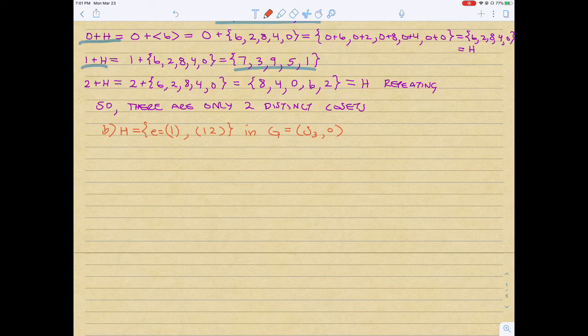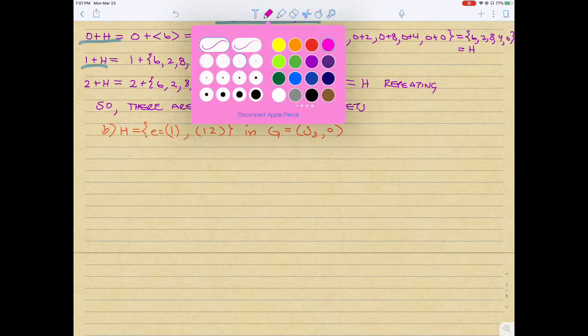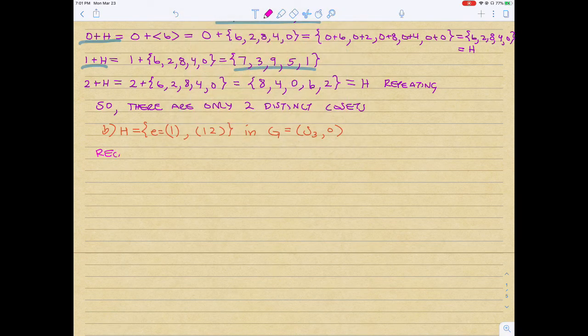So recall, for S3, the elements are, well, E, which is just the one cycle, right? 1, 2. From here on out, we're probably going to be sticking to cyclic notation. If you're still not comfortable with that, then just go back over some problems we did to become a little more comfortable with that. Okay, so that's S sub 3, right?